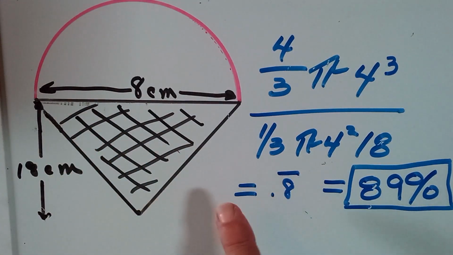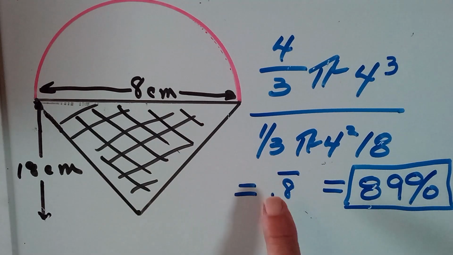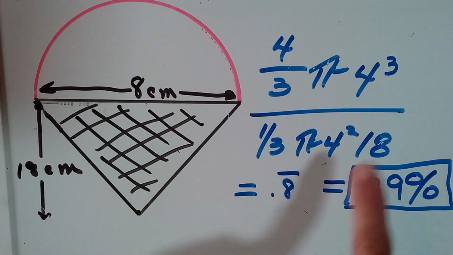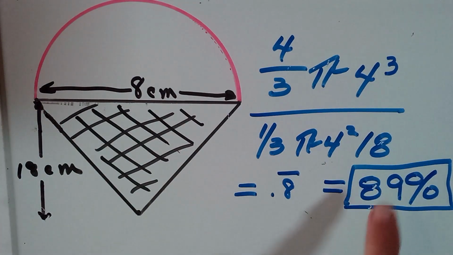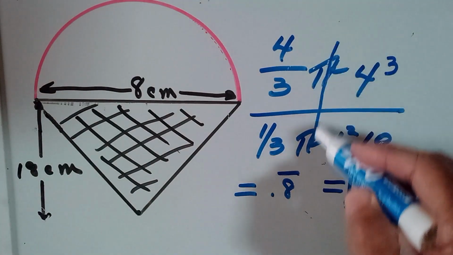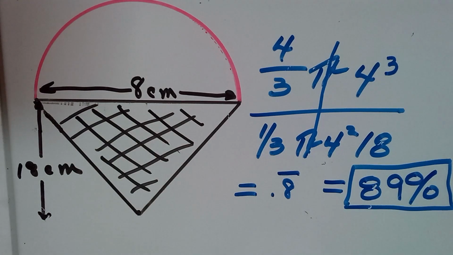The volume for a cone is 1/3 pi times the radius squared. This is radius up here as well. In this case, the height would be 18. And by the way, we have pi in the numerator and denominator, so that cancels out. We don't need to include that.